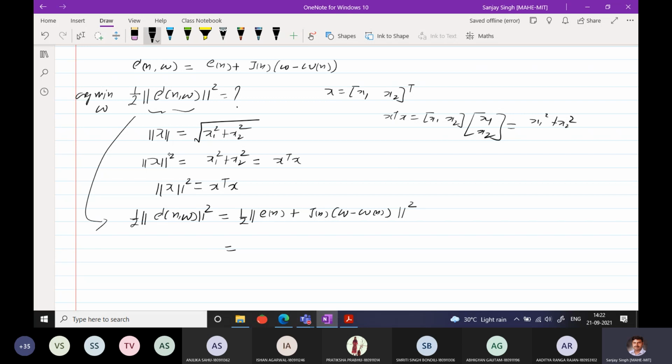Now from this idea I can take this as x transpose x, so I can write 1 by 2 times En plus Jn (W minus Wn), the whole thing transposed, times En plus Jn (W minus Wn), the whole thing. Okay. Now let me just go down.